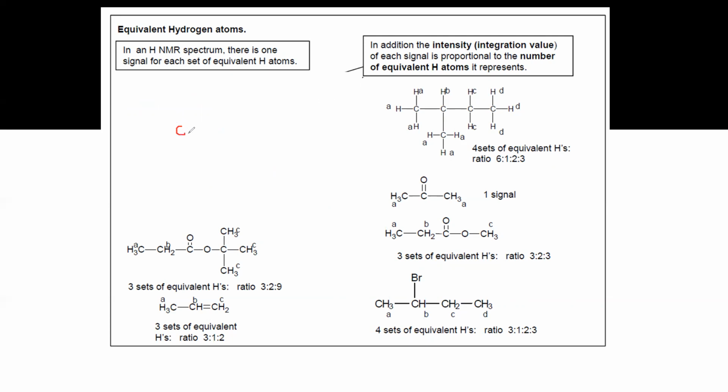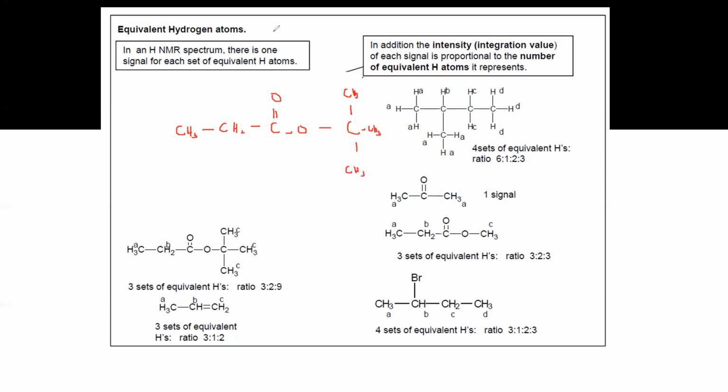Look, you have CH3, then CH2, then C double bonded with O, then CH3, and CH3. Now, how many hydrogen environments are there?